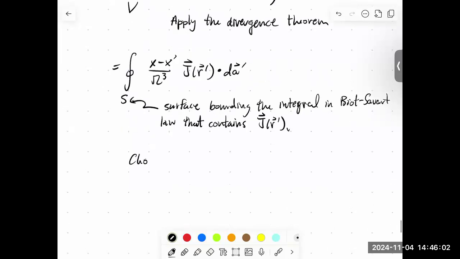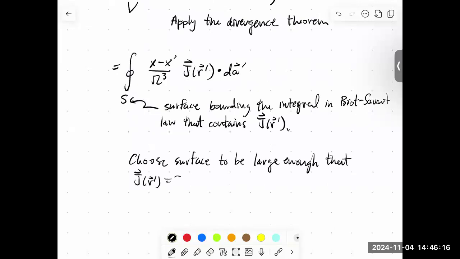Okay, so we choose the surface to be large enough that J of r prime is equal to 0 everywhere on the surface, such that integral 2 is equal to 0.